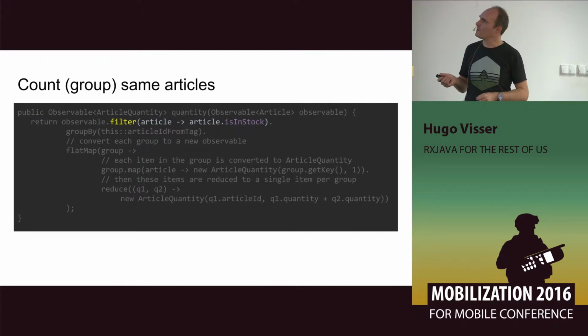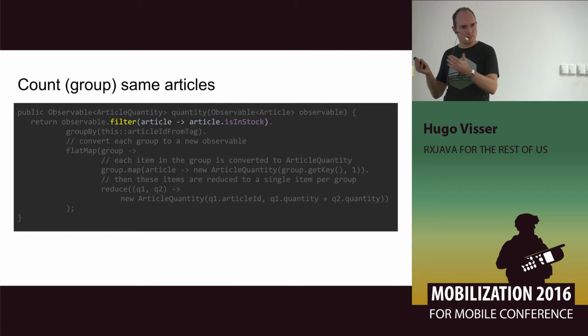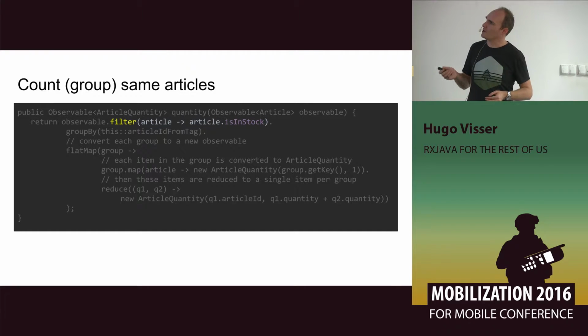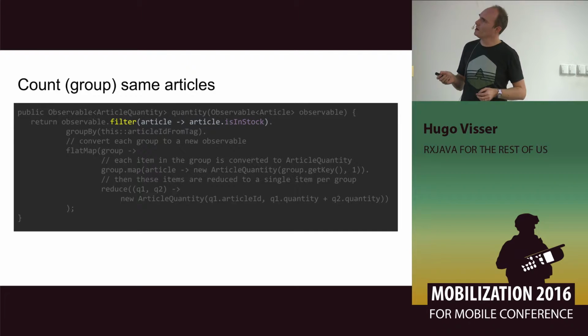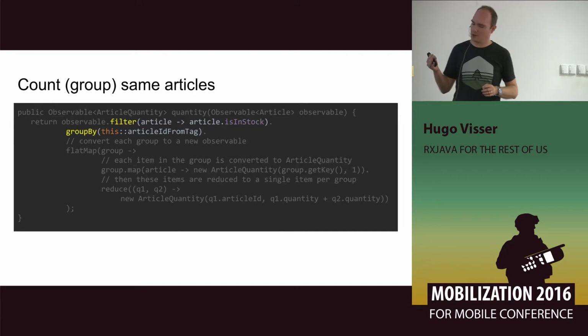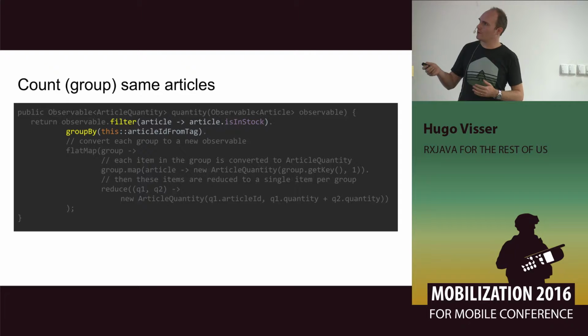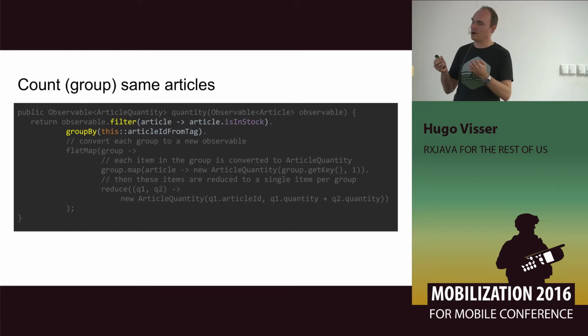So this filter operator will create a new observable, we'll chain it, and we'll filter out all the articles that are not in stock. Then we're going to group all the articles by using their RFID tag. And this notation means that we are calling a method which takes an article and then returns the tag. So it's the article IDs.